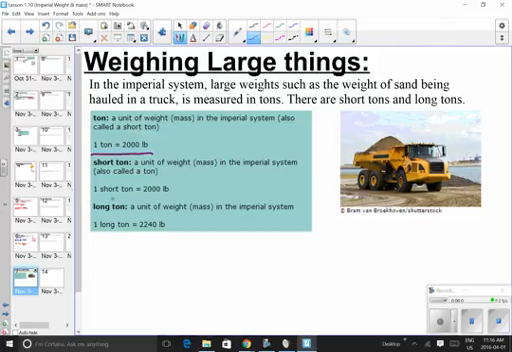A short ton is the same thing. All right, now the long ton is a little bit bigger. So you have to just make sure you read the question to figure out which ton that you're talking about. Okay?